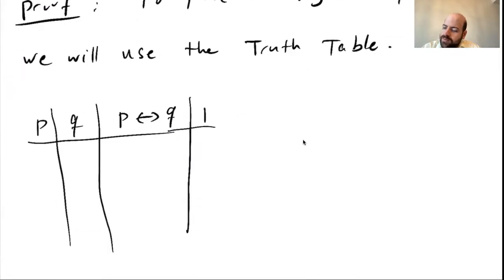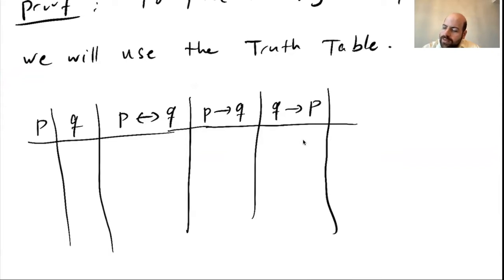So one column for P implies Q, one column for Q implies P, and one column for P implies Q, conjunction Q implies P.